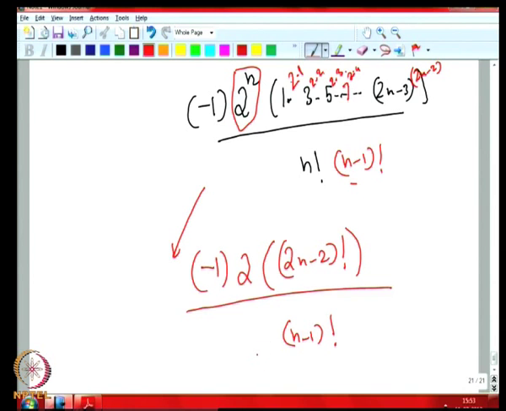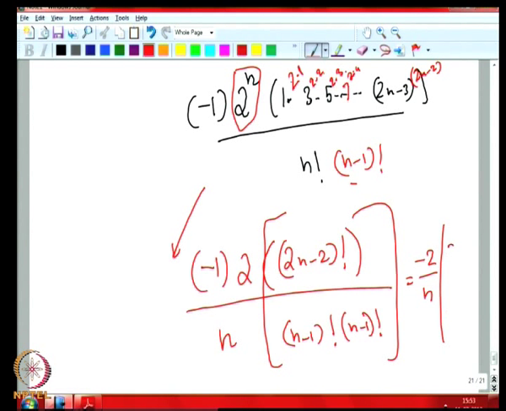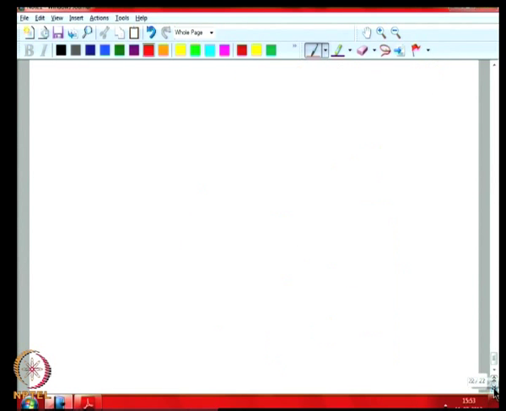We can take n here and then write n minus 1 factorial here, because this is familiar. This is actually minus 2 divided by n into 2n minus 2 choose n minus 1.